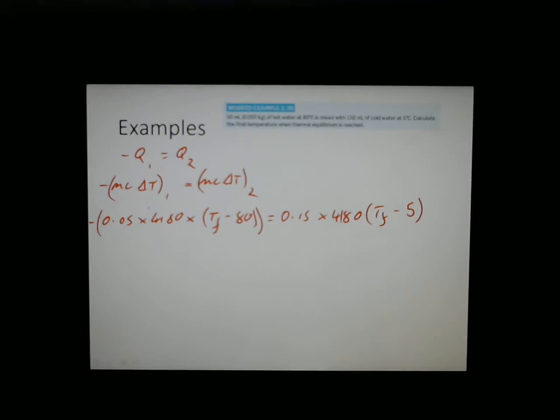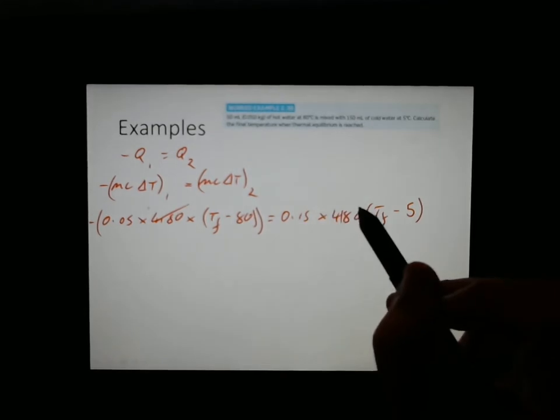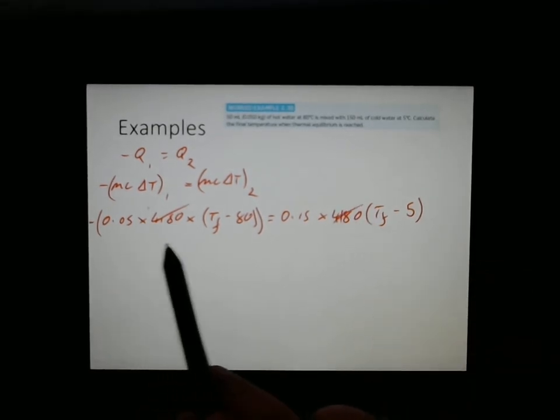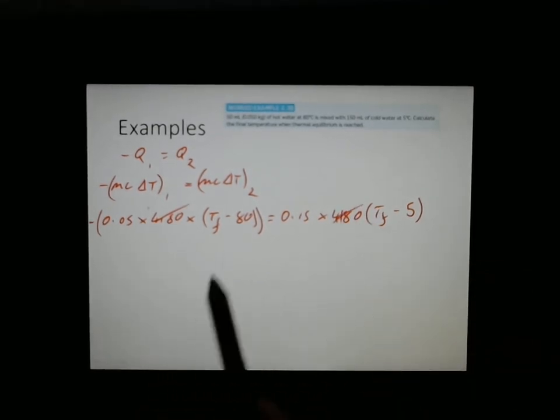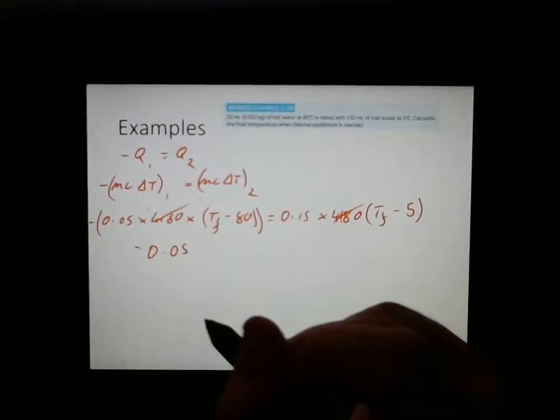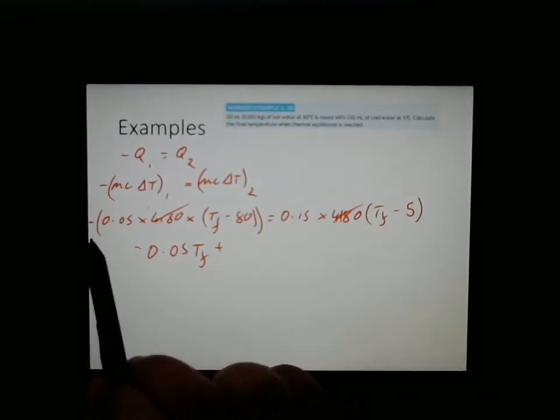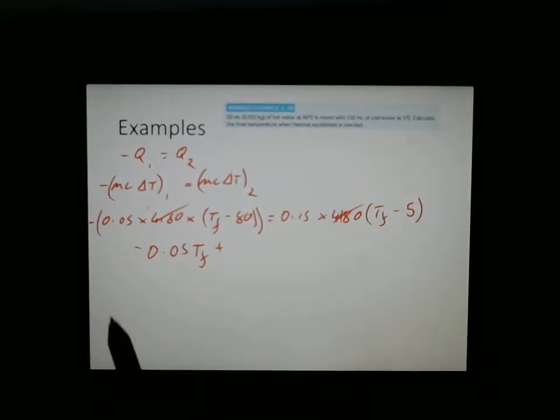Alright, now, having a look through this, we can see there's a 4180 on both sides, just cancel those off, and now you've only got to deal with our one number and our TF change. Now, the text does it a little bit differently. They don't cancel off the 4180, so I'm going to work this one through for us. We're going to have negative 0.05 times TF plus, that's the tricky bit, this is the thing a lot of people get caught on.